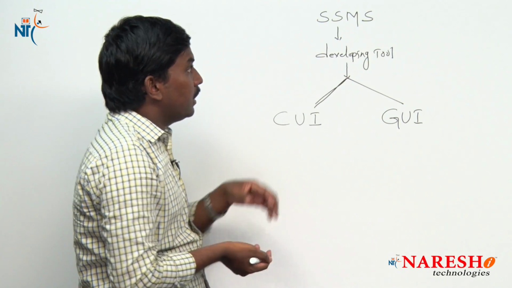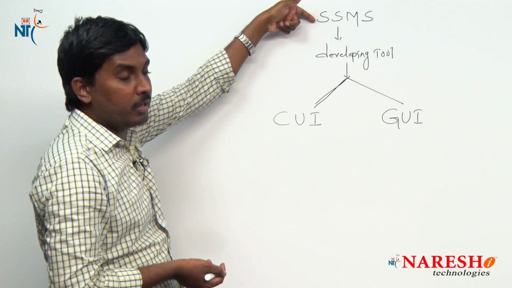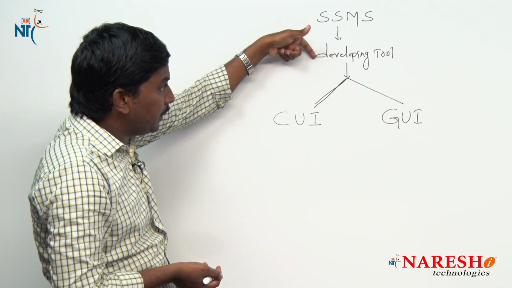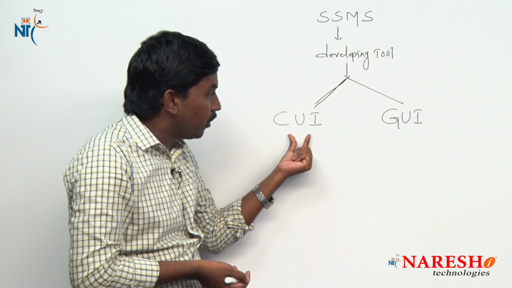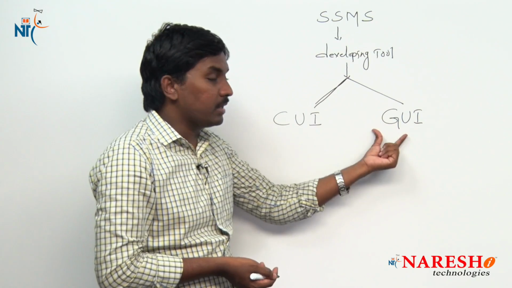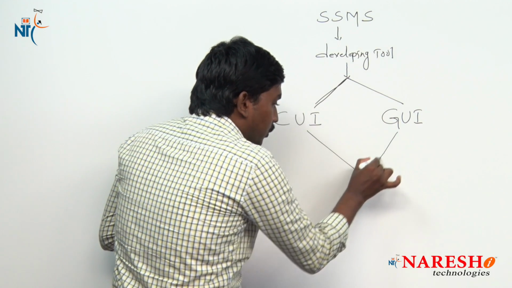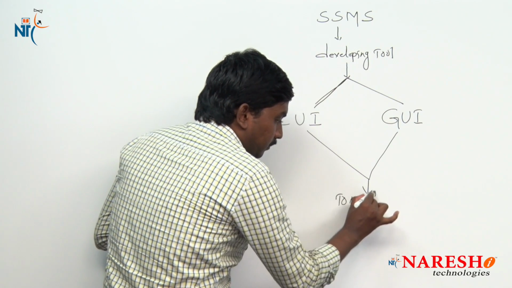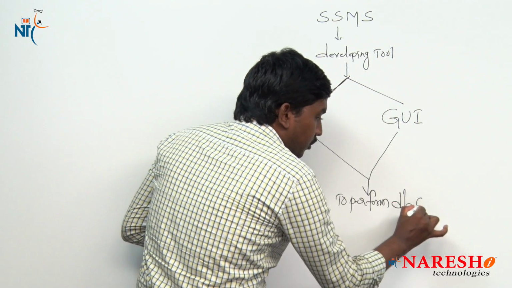So SQL Server Management Studio is one of the development tools for my database, and it provides two kinds of environments, CUI and GUI. Why are we using these two environments? They are required to perform some database operations.